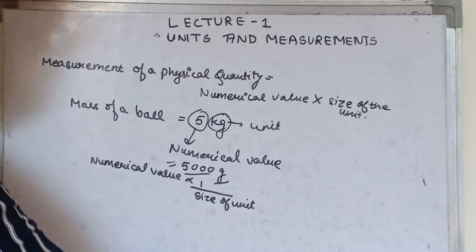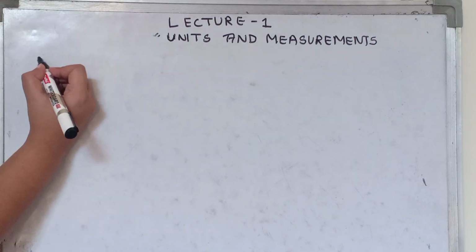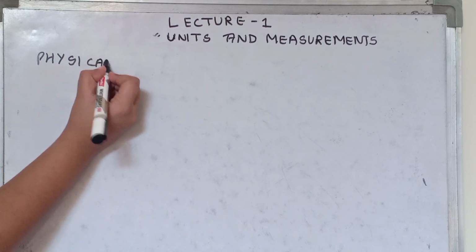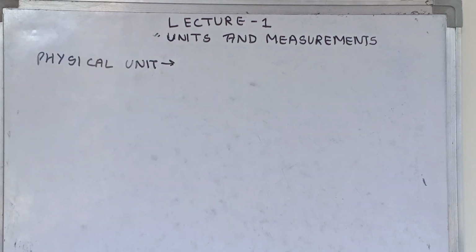Now next. Now we have been using the word unit. What do we mean by this word? What is a physical unit and why do we require it? Fine. So the next definition is physical unit. Firstly write its definition, then I'll be explaining what it means.